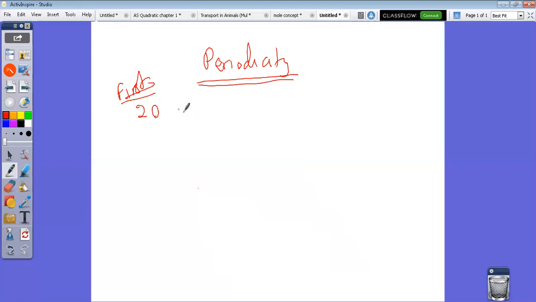From hydrogen up to calcium, looking at those proton numbers. We need to know those first 20 elements in detail, in terms of their nature and their reactions. Clear?